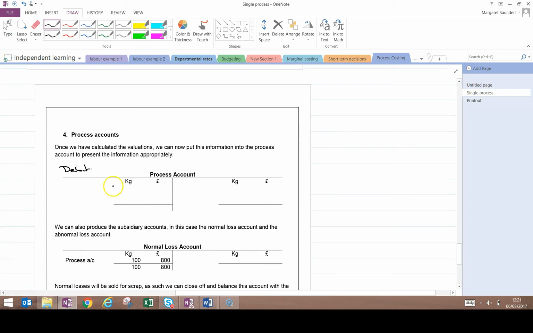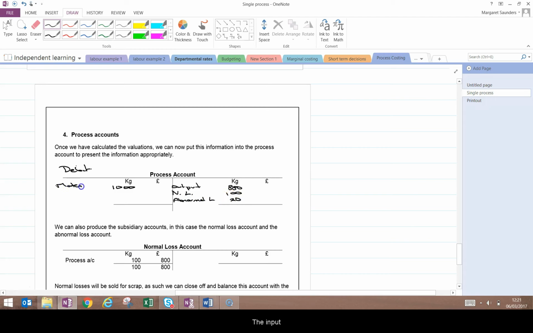So if we just put those in first. So 1,000 kilos, and output 880, and normal loss, I'm just going to abbreviate to NL, 100, and abnormal loss 20.